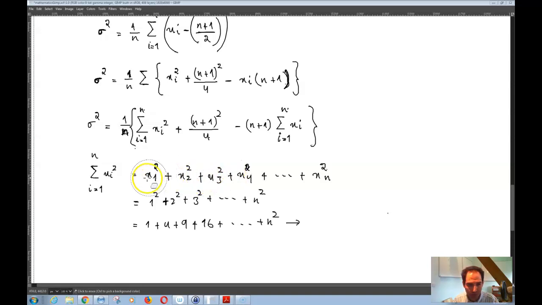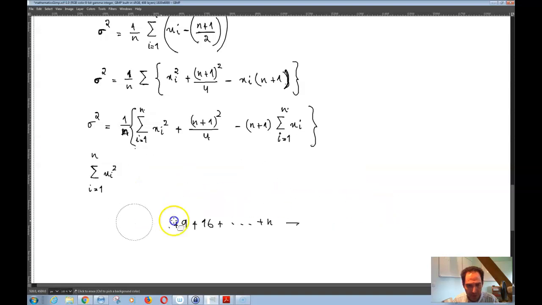Of course, when you have something like sigma x of i, when i goes from 1 to n, that's a simple arithmetic progression, meaning that if you have x of i raised to the power 1, then you have x of 1 plus x of 2 plus x of 3 plus all the way up to x of n.